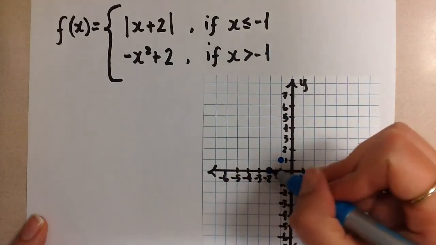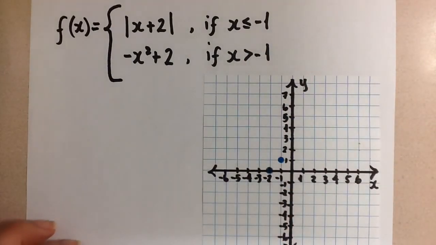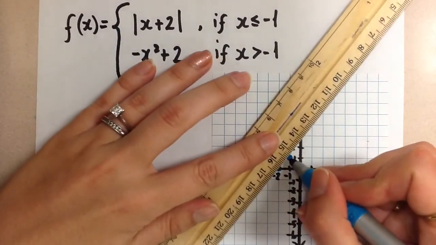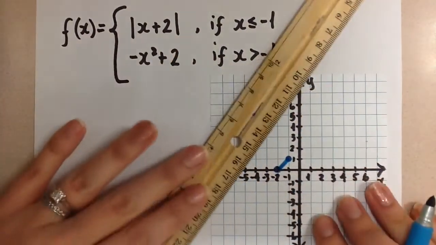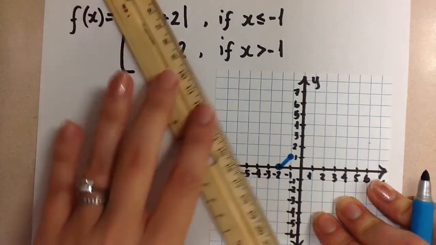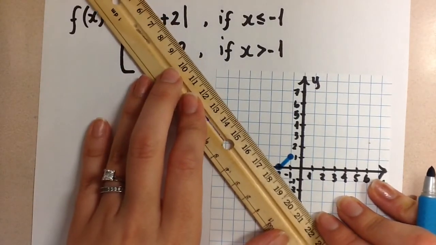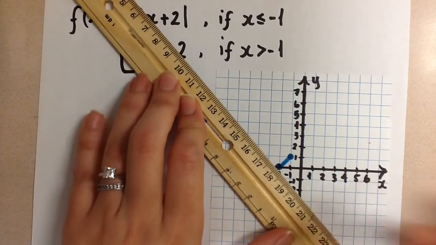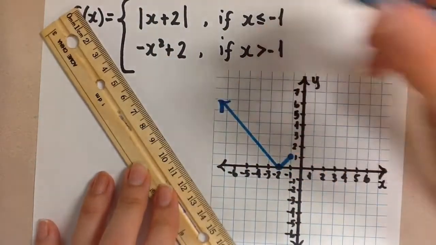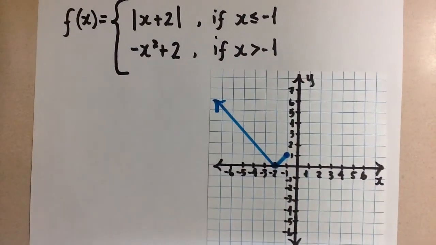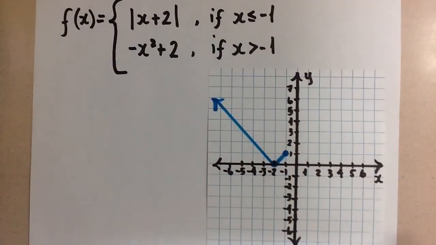And then we will have the function in this direction like this, and then in the other direction we draw the other part of our absolute value function, and it's going to look like this in this direction. So that takes care of the first interval for this piecewise function.